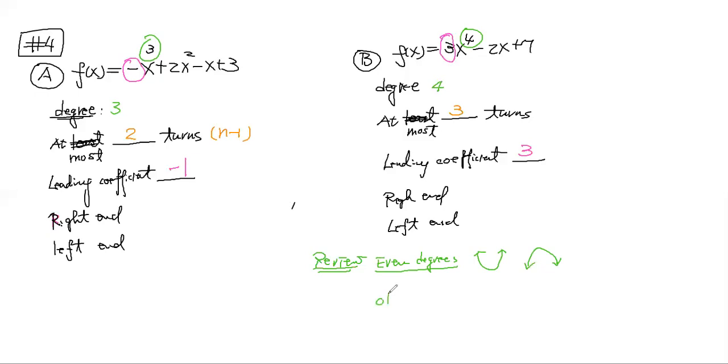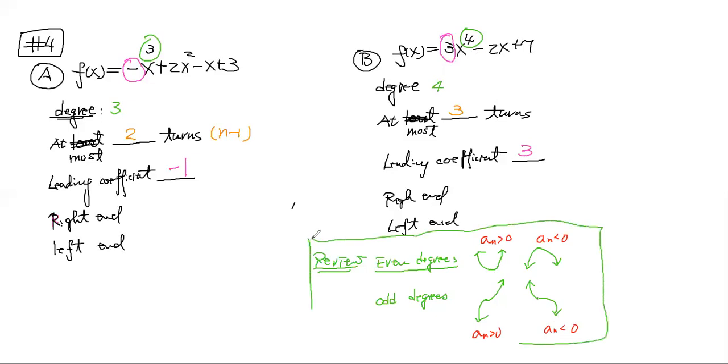And if it's odd degree, then one goes up and the other goes down, or the other way around, depending on your leading coefficient. So here, the leading coefficient is greater than 0. This is less than 0. And this is greater than 0. This is less than 0, right? That's what we did when we talked about polynomials. So if you don't remember, you need to go back and review this, right?